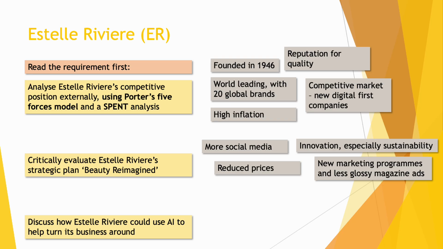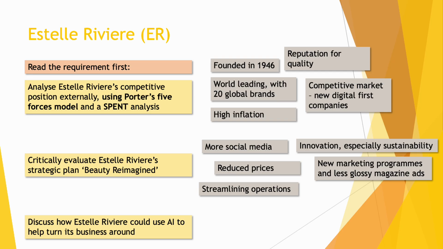They're looking at new marketing programs, so less glossy magazine ads. And they're also talking about streamlining operations. So, well, firing a lot of people essentially is what they're talking about doing. So again, that gives us some ideas of what we might start talking about when we get to that part of the requirement.